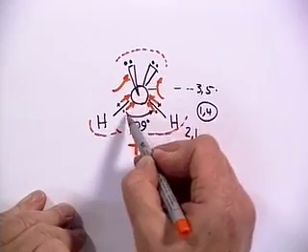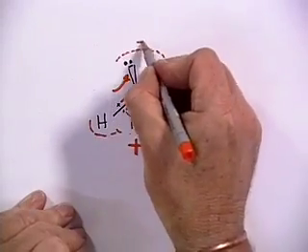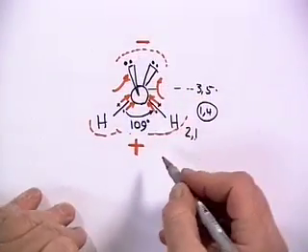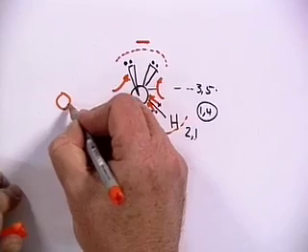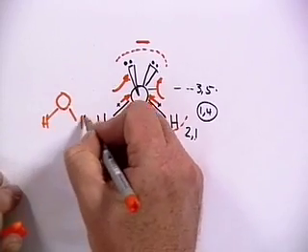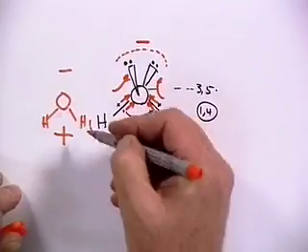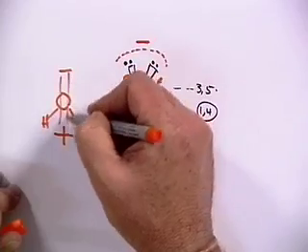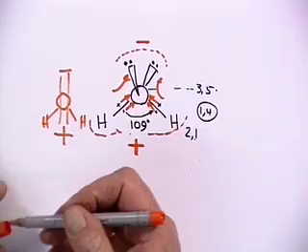And it's been contributed to by the movement of these electrons up this way. And so that looks slightly negative. So in fact, what we get here is a water molecule with a positive end and a negative end. It looks like a little bar with a positive and a negative.